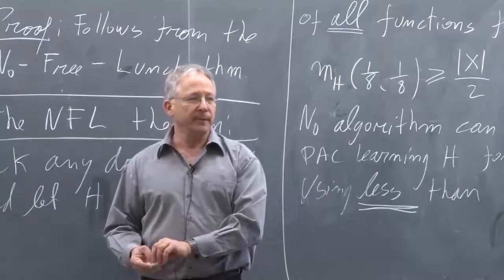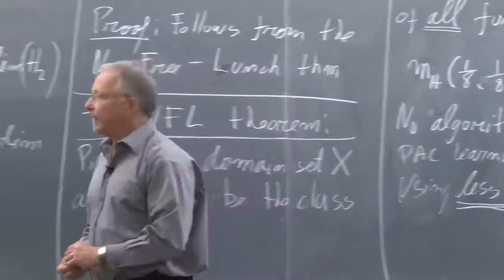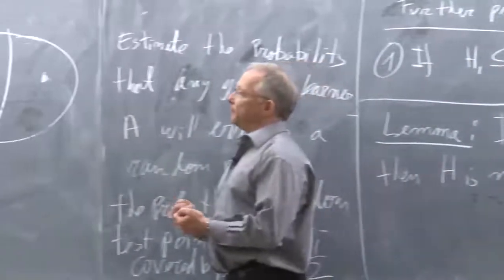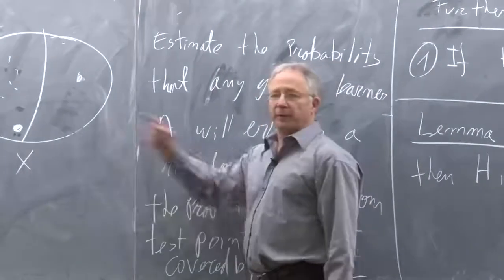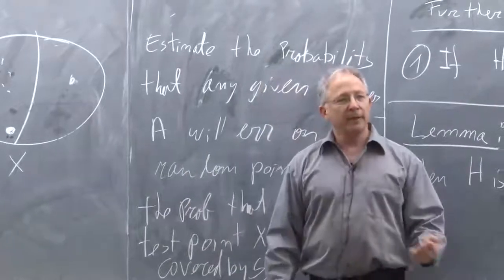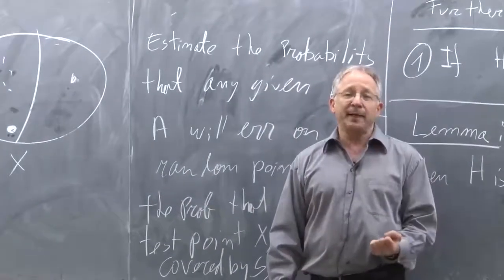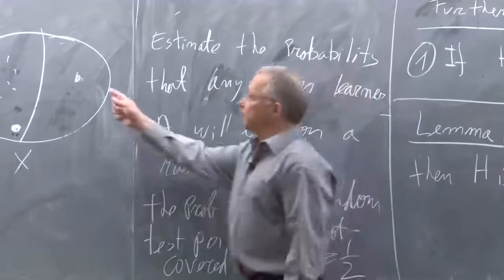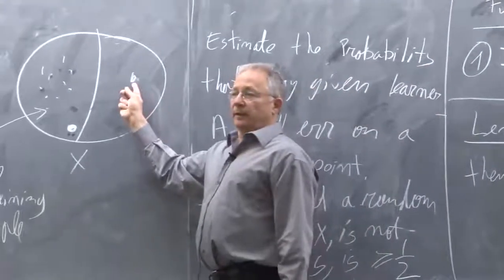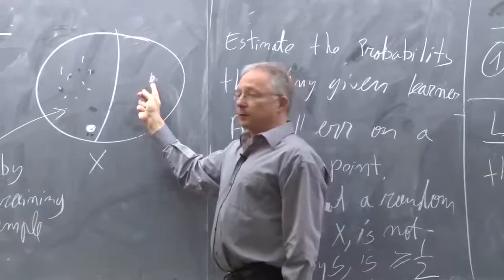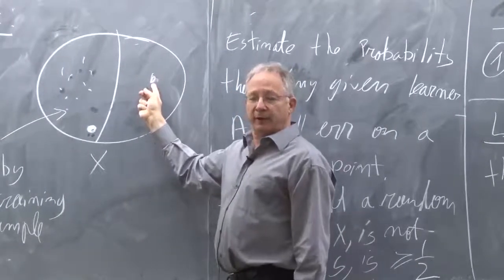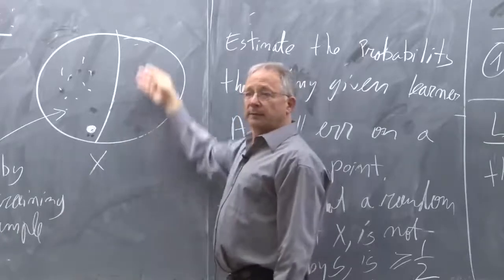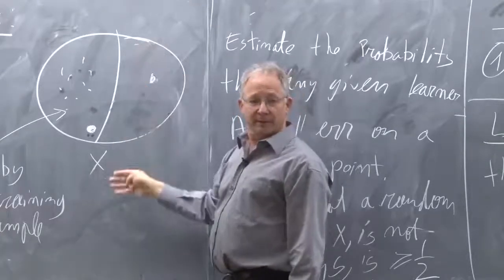Okay, now there is a bothersome gap between the story I told you here and a proof. The gap is that, in order to show that on this new point my algorithm, no matter what it does, will err half of the time, I needed to take a probability distribution over all possible functions.